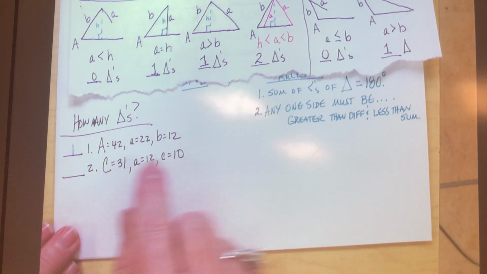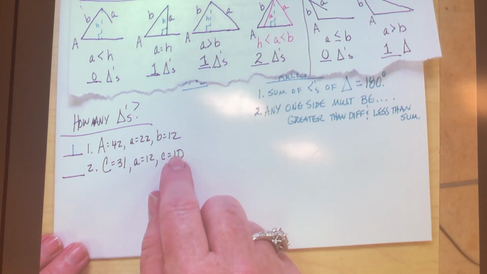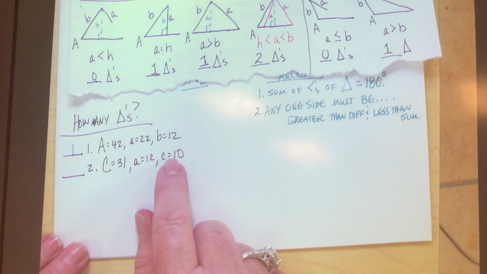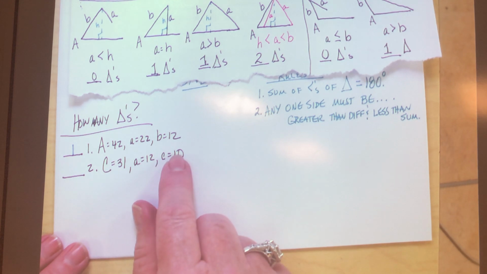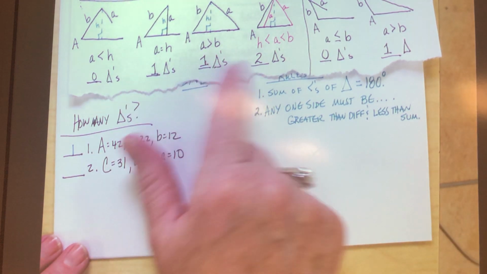Okay. Now look. This is the side that I'm talking about. On my formula card, what do they call this side? A. I don't have to call it A, I can call it anything I want to, but you need to be able to relate that this is the A on my formula card, and this is the B. Some kids get all mixed up with that, so I don't really use A's and B's when I'm talking about it.